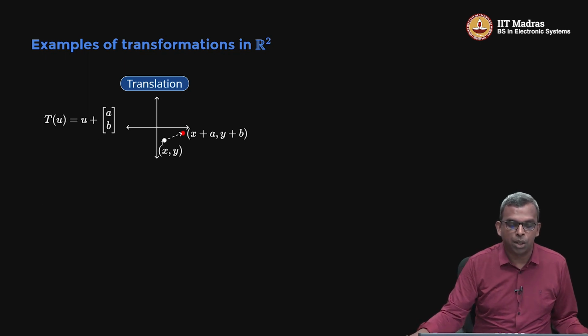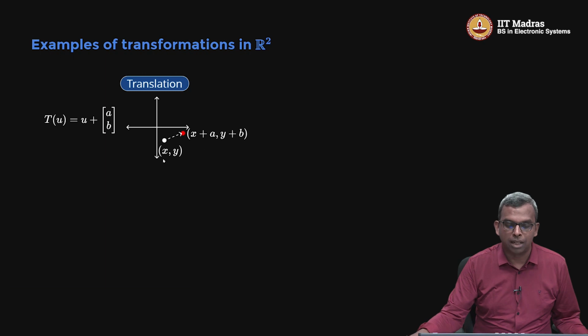So what does translation do? It takes the input and translates it, basically moves it to another point on the plane. That is written as an equation: T of u takes u and adds a constant vector (a, b) to it, u plus (a, b). So (x, y) goes to (x plus a, y plus b).